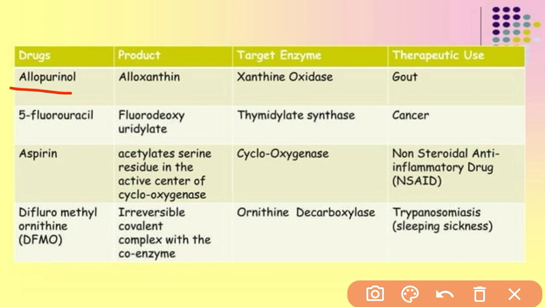This inhibitor works by reducing the production of uric acid in the body. High levels of uric acid may cause gout, arthritis, or kidney stones. To lower it, allopurinol is used so that it inhibits the activity of the enzyme xanthine oxidase, so no excess uric acid accumulates and we are protected from gout or kidney stones.